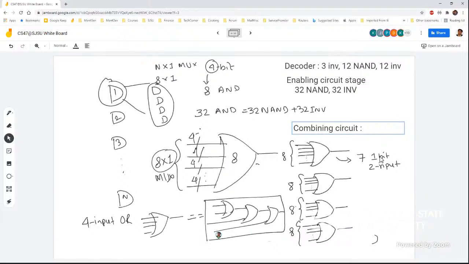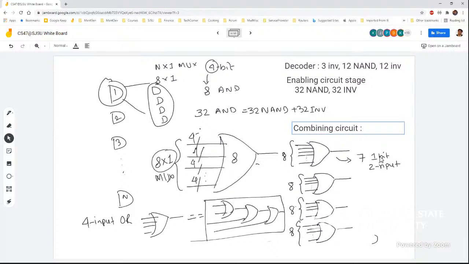So similarly, if you want to extend it to 5 input, 6 input, 7 input, etc., you just have to have one less number of ORs to combine with. So we can conclude that a 1-bit 8-input OR gate is equivalent to 7 1-bit 2-input OR gates.